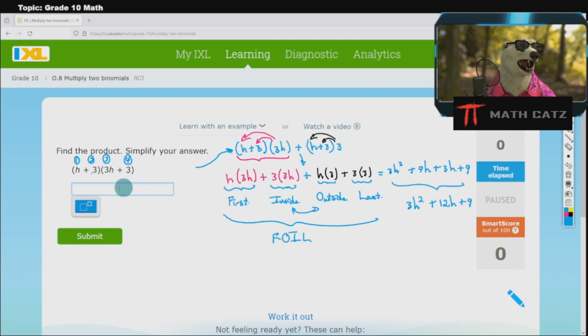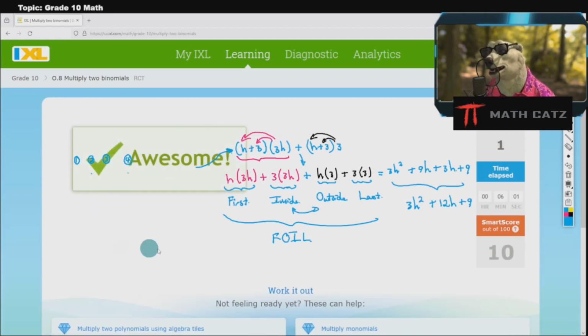Let's put that in. And we are ready to continue to the next one where we'll try the FOIL shortcut a little bit. 3h squared plus 12h plus 9.